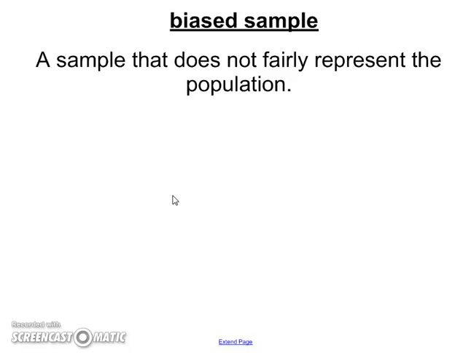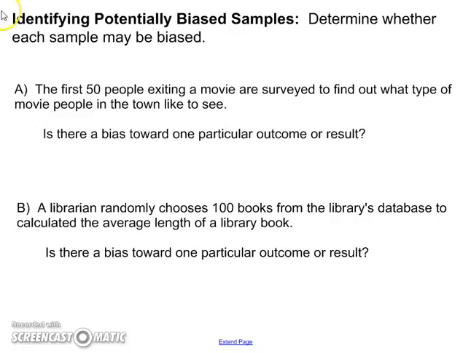In other cases, if we can get a larger group and represent more groups, our information will be a little bit more reliable. So we're going to talk quickly here about possibilities of biased samples.